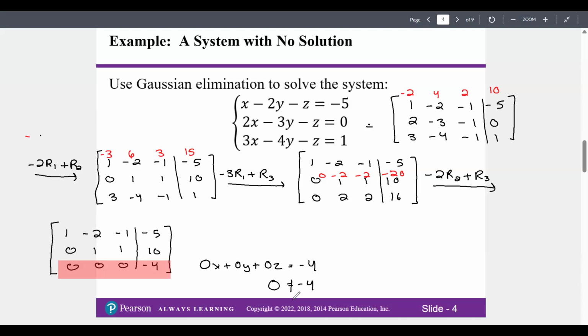We saw this in inconsistent systems before: when you end up with an equation that can't possibly happen, this is telling us that we have no solutions.